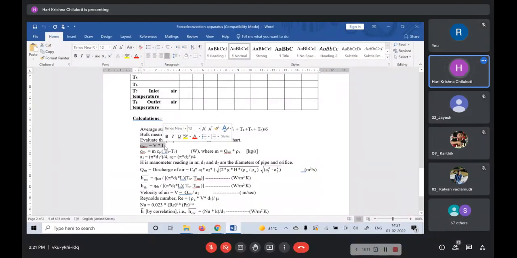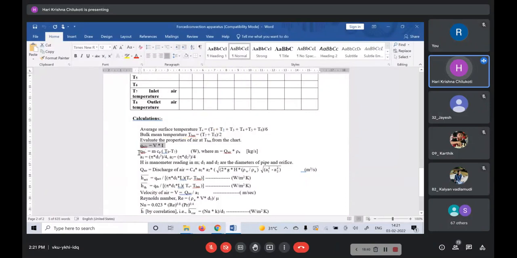In order to find out the actual heat that is carried by the air from the surface via forced convection, we will apply a steady flow energy equation, which you might have learned in thermodynamics, to the test section region, where you assume that the change in potential and kinetic energies are zero and the work interaction is zero.